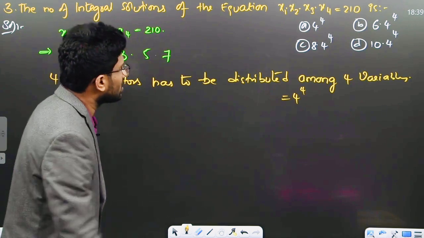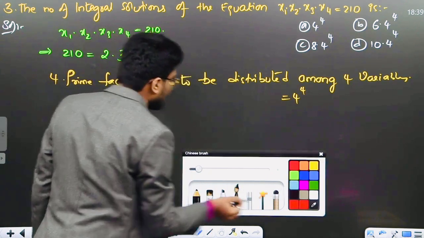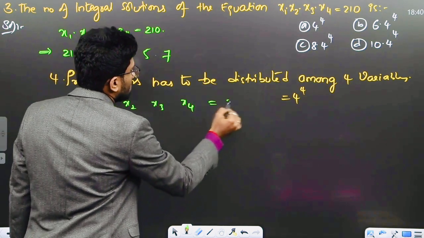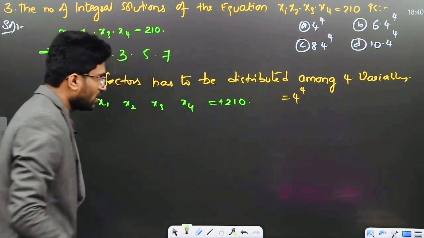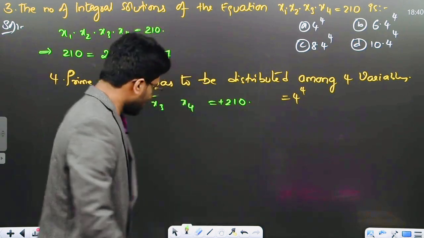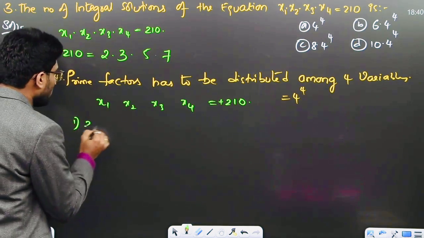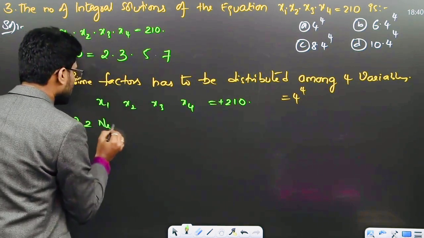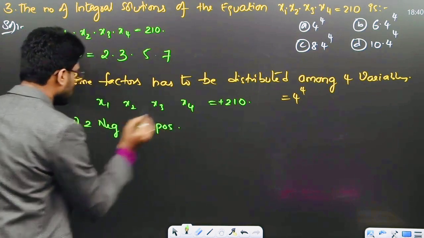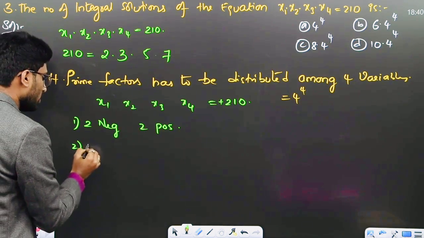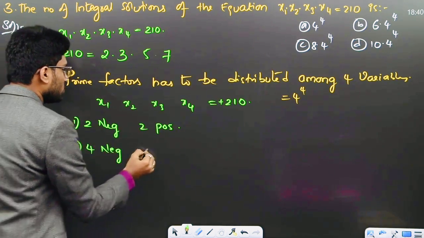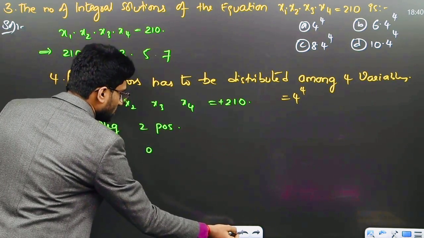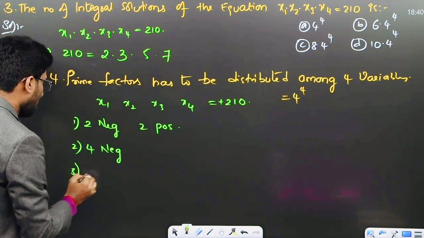How do we get negative solutions? Just suppose x1 into x2 into x3 into x4 is equal to 210, positive 210. When do we get the product as positive? Case 1, 2 negative, 2 positive. Case 2, all 4 negative, or all 4 positive.